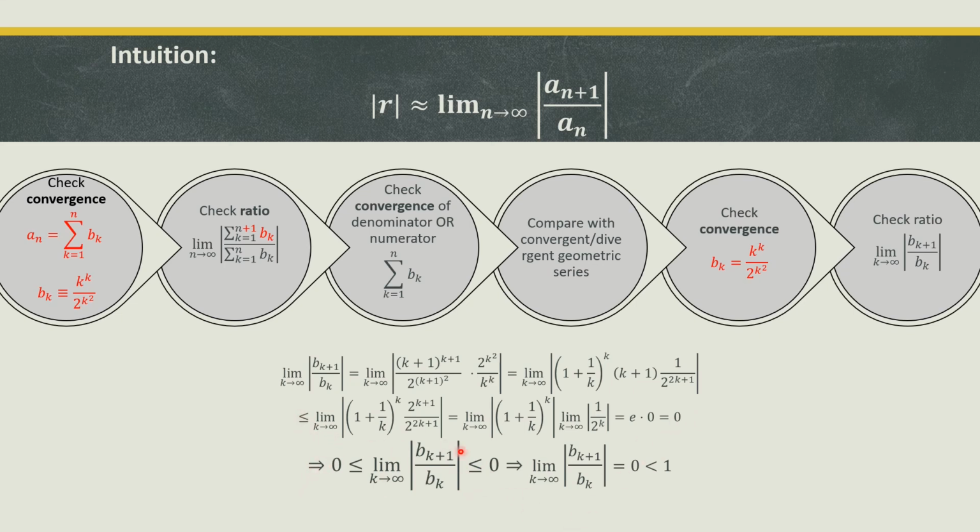So something that is between zeros is just 0. And 0 is less than 1, and therefore from the ratio test, b sub k converges to 0. And again, if b sub k converges to 0, then we can say that the series a sub n converges.